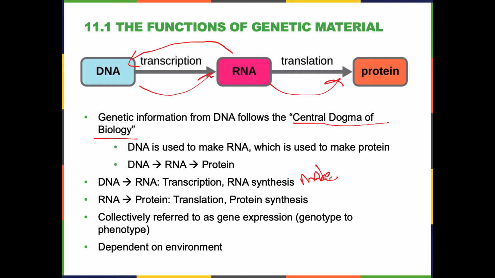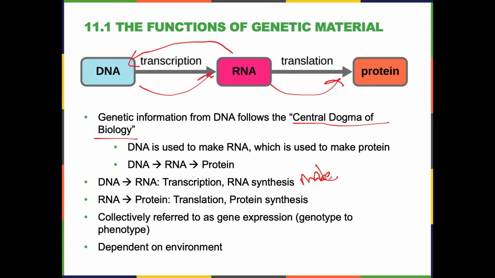So let's define these words as what they mean. Transcription, or to transcribe, means to copy, right? Think of what DNA is. DNA is a nucleic acid. RNA is a nucleic acid, right? So really all we're doing is copying nucleic acids. We're taking nucleic acid, and then we're making nucleic acid. Translation, as we know, is like changing languages, right? So now we're taking nucleic acid and we have amino acid or proteins. Totally different molecule, right?